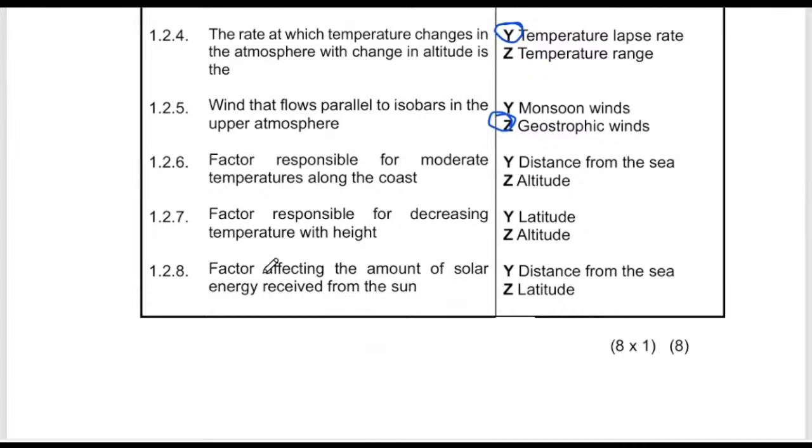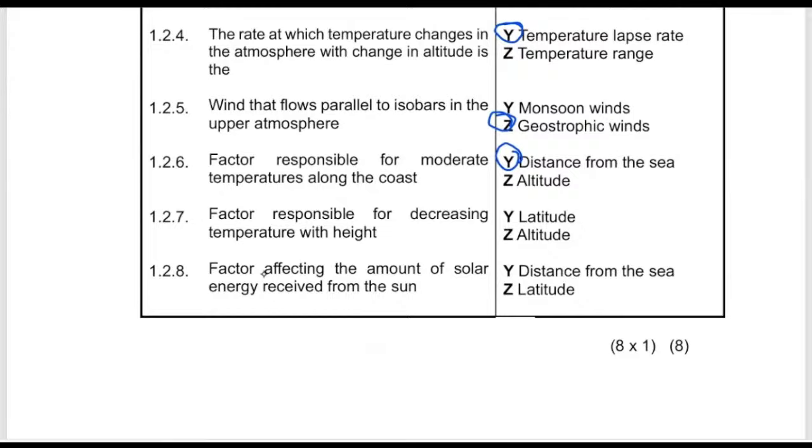A factor responsible for moderate temperatures along the coast. Moderate temperatures along the coast are as a result of the distance from the sea. We tend to find that the distance from the sea affects the temperatures of places which are along the coastal areas.